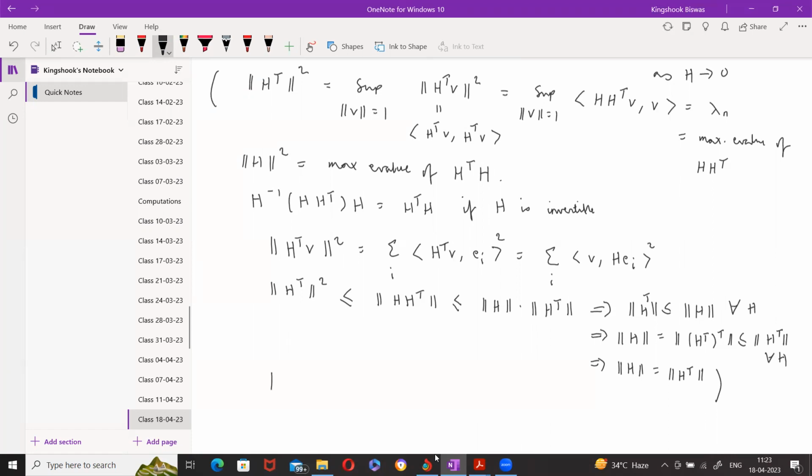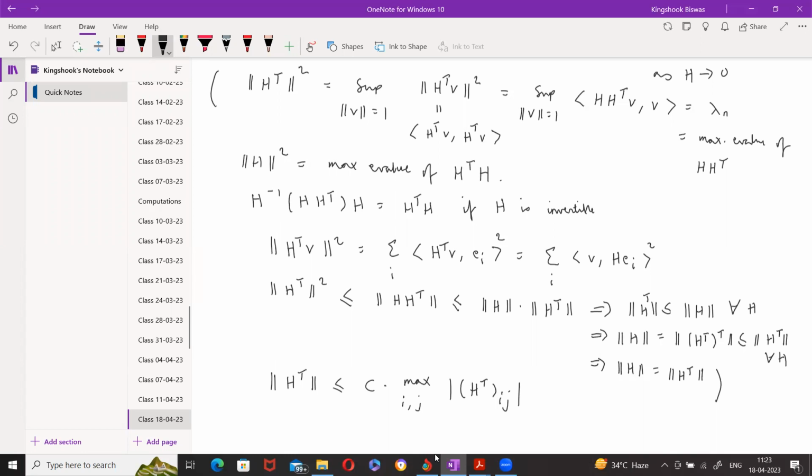You can just say that, look, norm H transpose, by the equivalence of norms, is less than a constant times the max over Ij of the mod of the ijth entry of H transpose. Any two norms are equivalent, right?